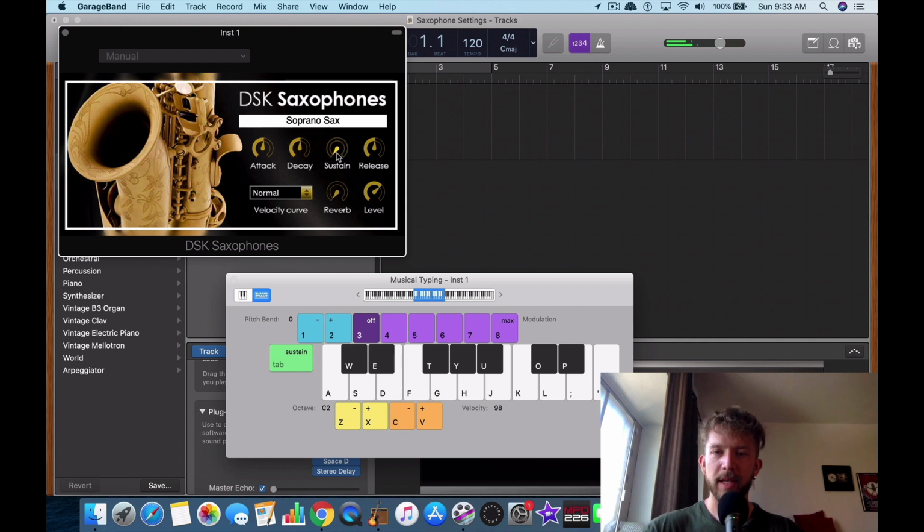However, the sustain and the decay, they seem to work in conjunction. I'm just kind of realizing that now. So if you have the decay and the sustain on, that's going to control the sum total of the sustain, I guess.